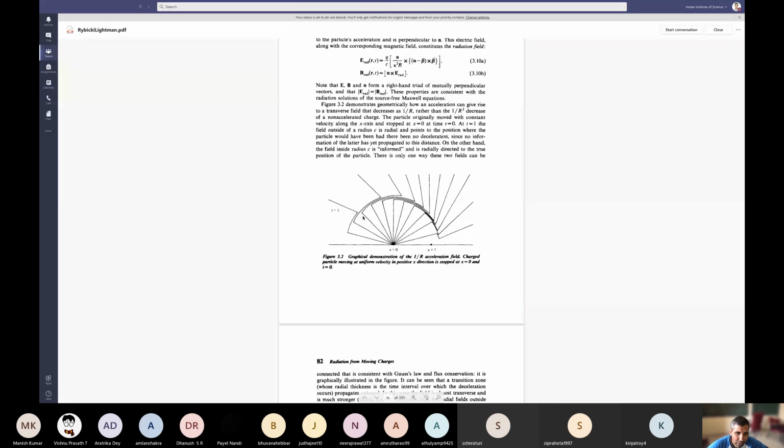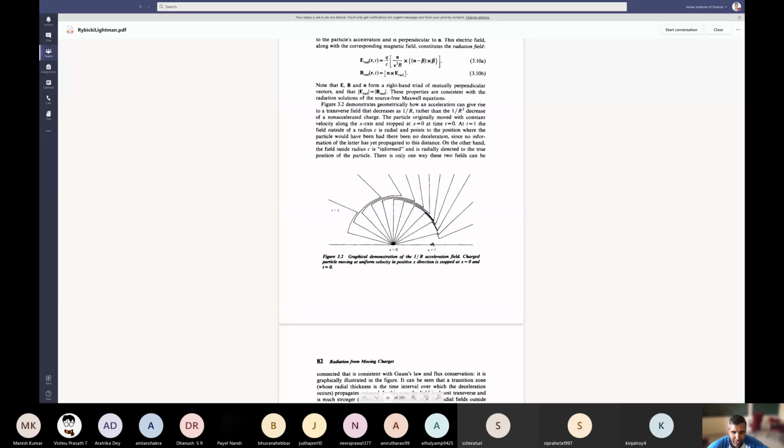Now these lines which are outside are connecting to this position at x equal to 1, because the outside world still thinks the charge is moving at constant velocity.